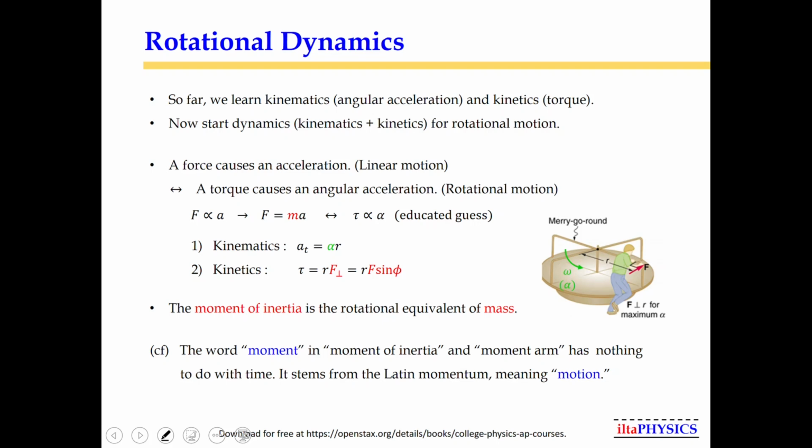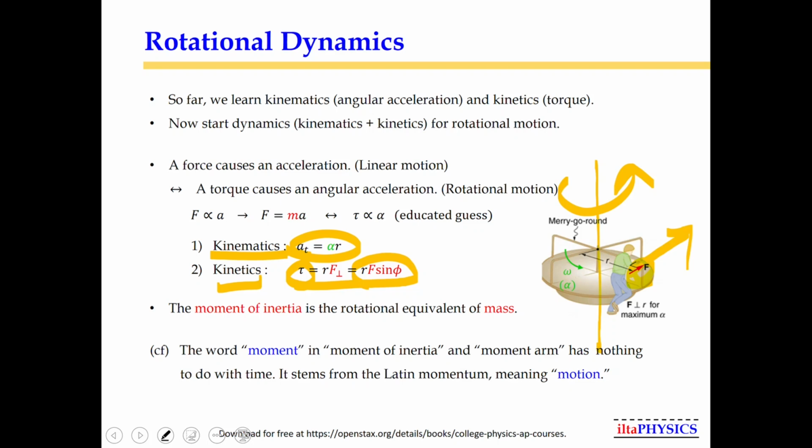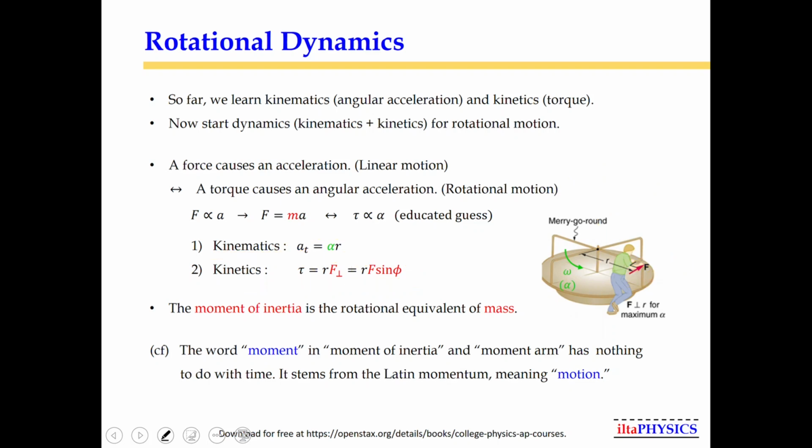From a kinematics perspective, the tangential acceleration at the outer edge can be calculated as the product of the angular acceleration and the distance from the axis of rotation. Also, from a kinetics perspective, the torque at that position is the product of the perpendicular force applied and that same distance from the axis. Using these two physical relationships, we'll quantitatively derive the moment of inertia on the next page.